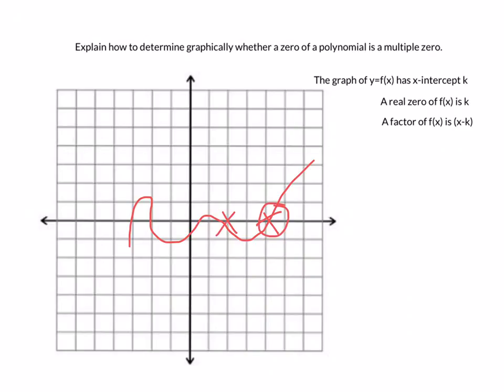Basically, where f of x equals 0. So the input value of a function is going to produce a 0 output. This is basically saying when y equals 0, then what is our input value?